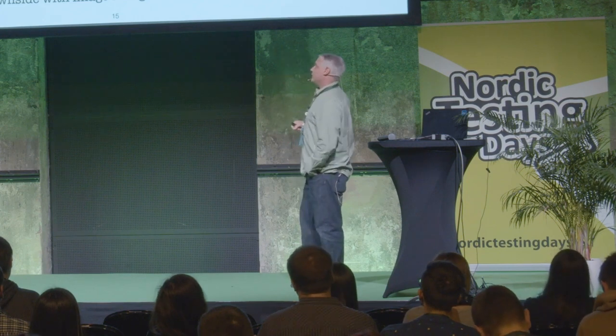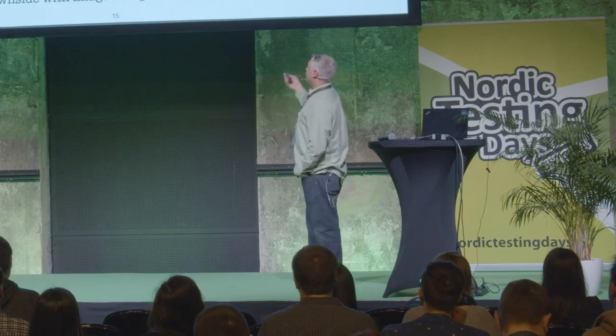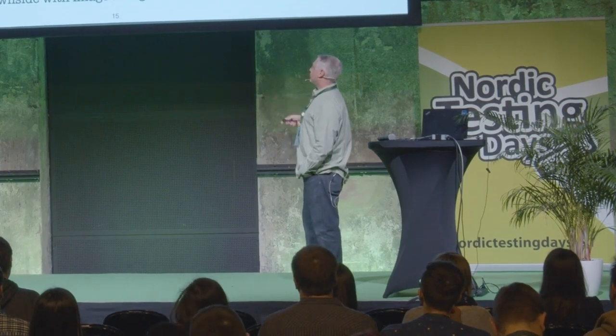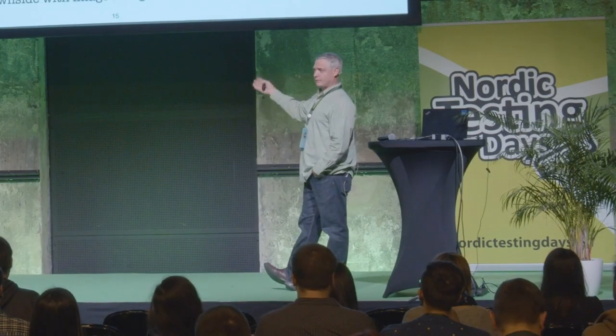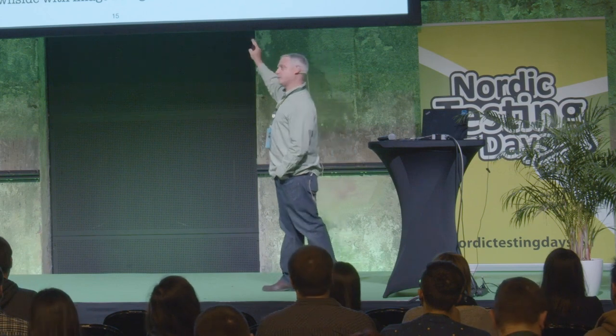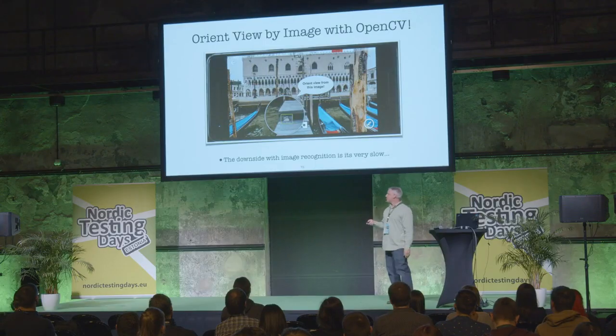And I could get that image and I could get its location. And as you see, the one downfall with using OpenCV is it's slow. It takes a lot of processing power to find what you're looking for inside of an image. But I imagine a beefier machine might reduce the slowness.